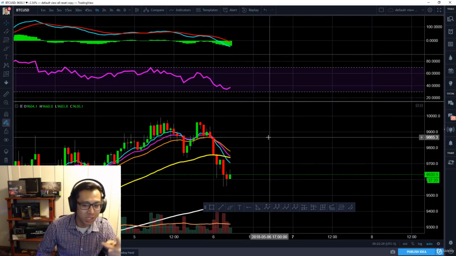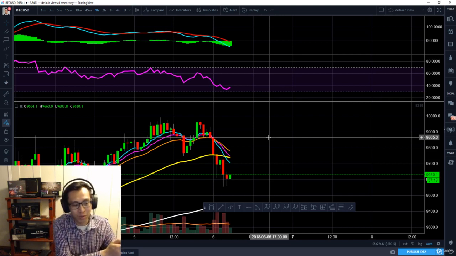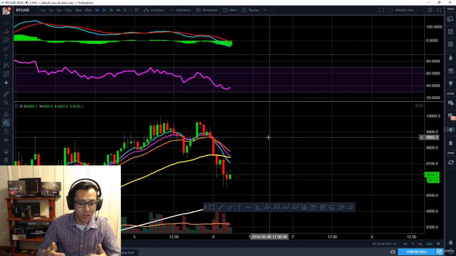So there are two types of indicators, like I mentioned. One is called a lagging indicator, and the other one is a real-time indicator. The lagging indicator is not as reliable because it's taking the previous sample as an average, right? And because it's taking it as an average, a lot of the times when it actually happened already, it's a little bit too late because it's a lagging indicator.